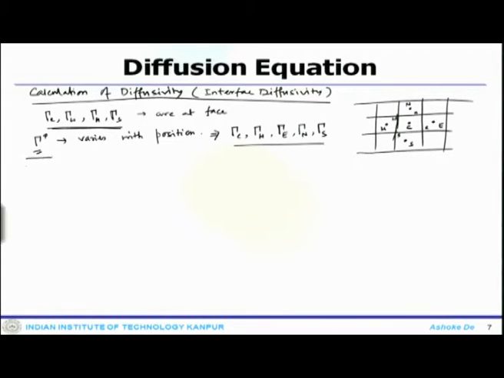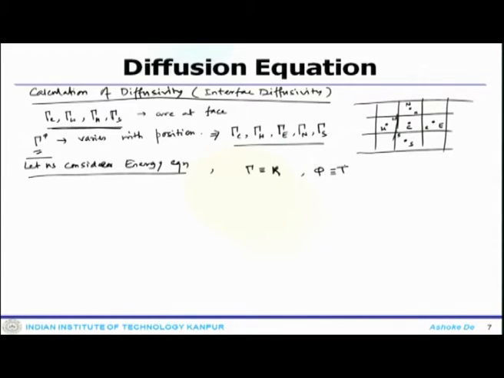This should be much clearer if we consider the energy equation. In that case the diffusion coefficient represents the thermal conductivity, so gamma is essentially the thermal conductivity kappa of the material, and phi denotes the temperature.